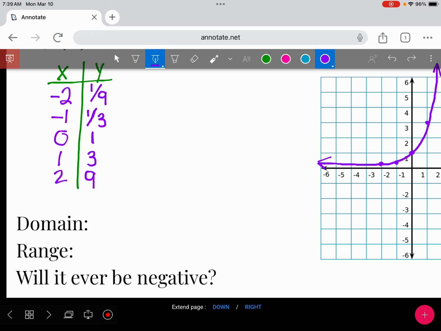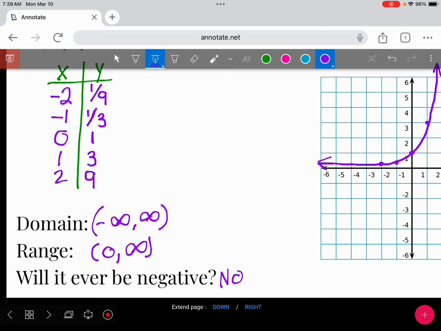What is our domain on this? From -infinity to positive infinity. And what's our range? From 0 to infinity. And this is never going to be negative because we have an asymptote.